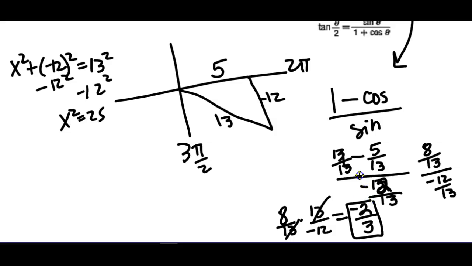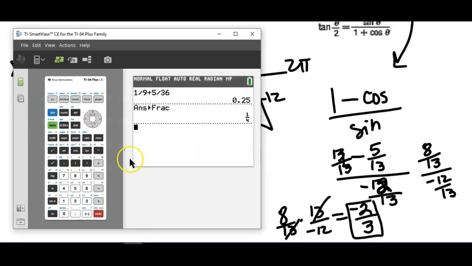If you use your calculator, maybe I'll just show you on your calculator real fast. It was parenthesis 1 minus 5/13, all divided by -12/13. What did I do wrong?